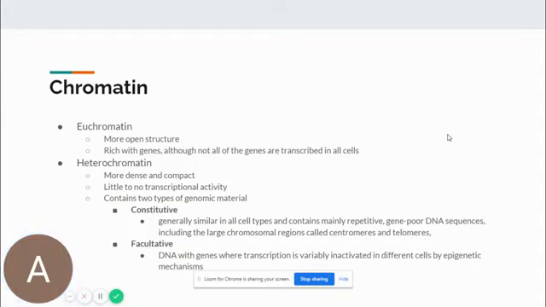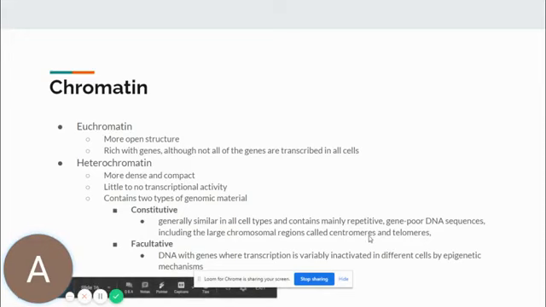So later you will find out that telomeres actually give us longer lives. So also you have facultative genomic material. These are the DNA with genes where transcription is variably inactivated in different cells by epigenetic mechanisms. Okay, so like I said earlier, not all genes are transcribed in all cells, and so sometimes there are facultative genes.